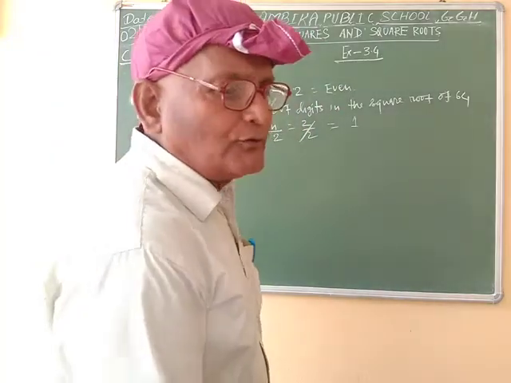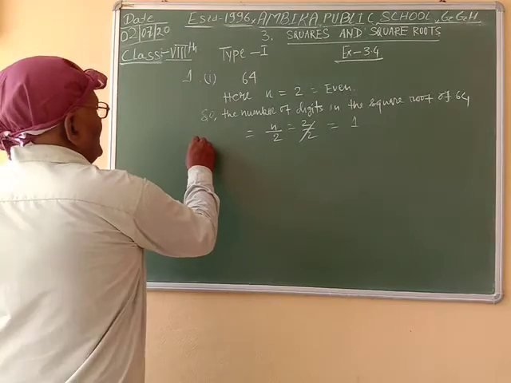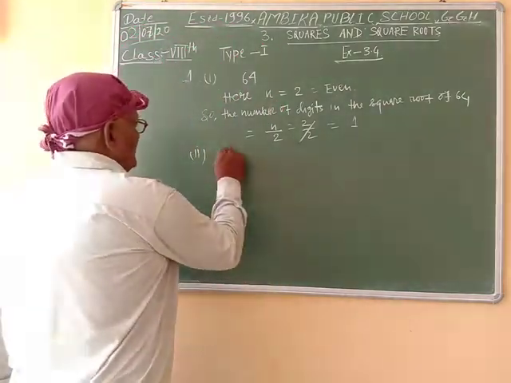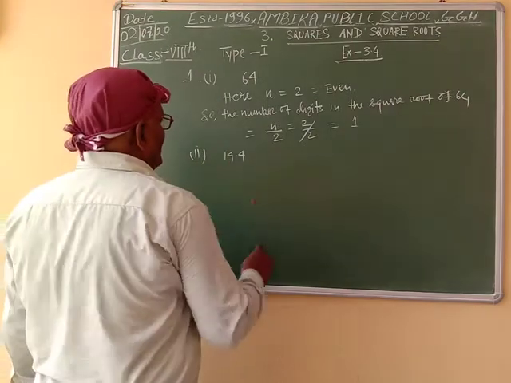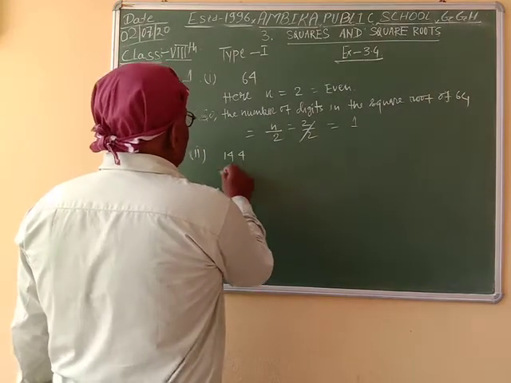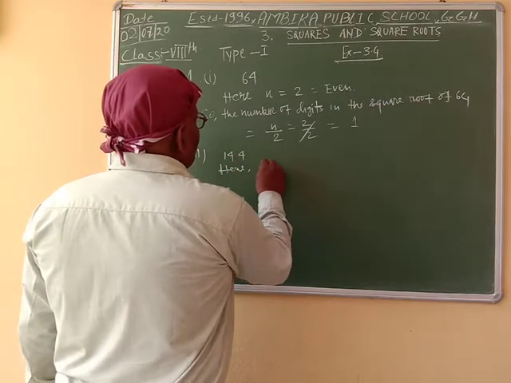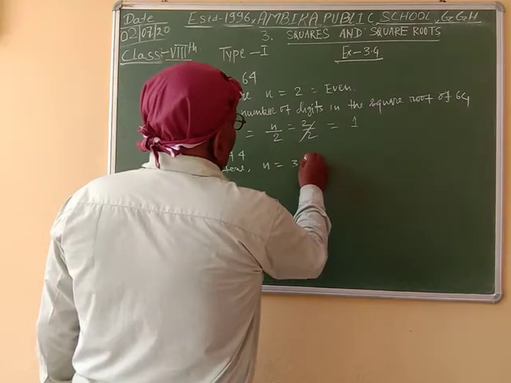In question number 2, 144, we have to find the number of digits. So we write here n is equal to 3, which is odd.